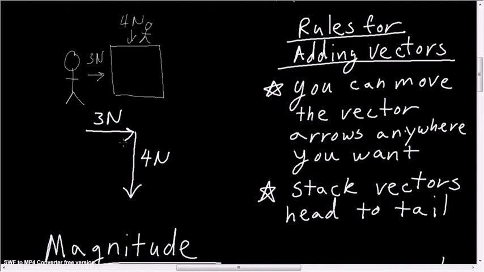So if you'll see, when I stack these arrows like this and like this, what you would expect is that you would get a third arrow that you would actually observe of force pointing down and to the right, kind of like this. And we call this the resultant.